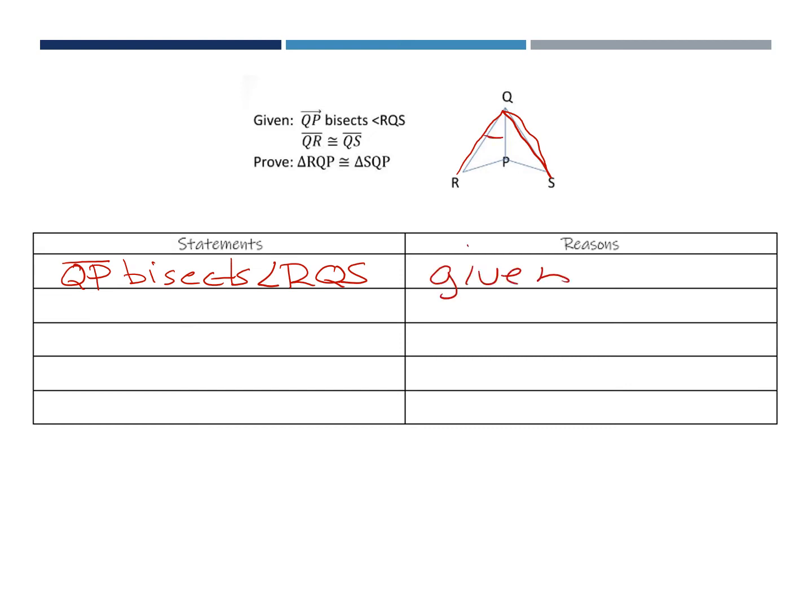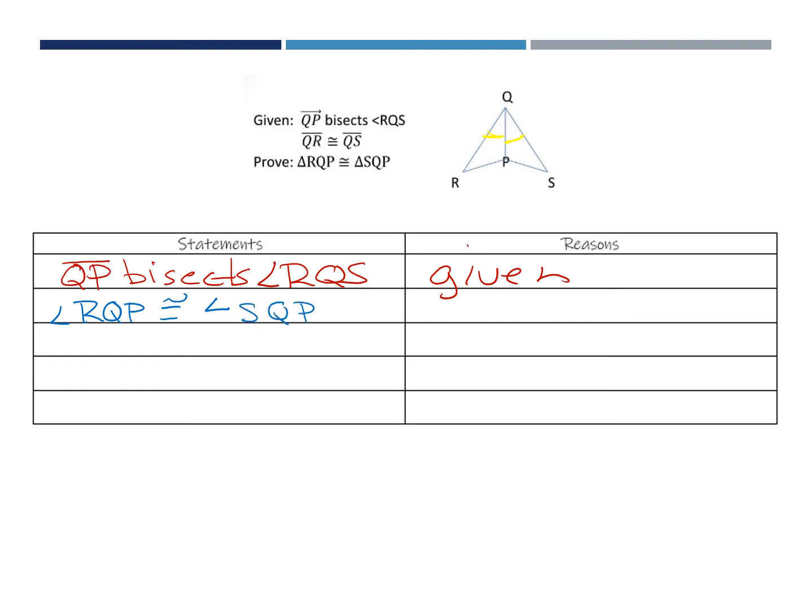So that means that this angle and this angle are congruent. So right now, I've got this angle congruent to this angle. And that is angle RQP congruent to angle SQP.